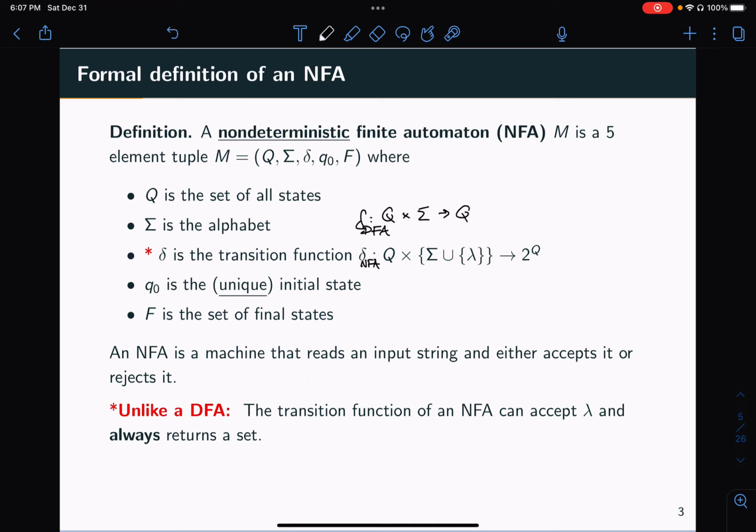The transition function for an NFA, again, takes a state, but now it can either take a symbol or, we haven't discussed this yet, it can also read lambda, okay? So this is reading the empty string. And we'll discuss what this means in a few seconds, okay? But this also provides the NFA with a nice additional tool that's very convenient, okay?